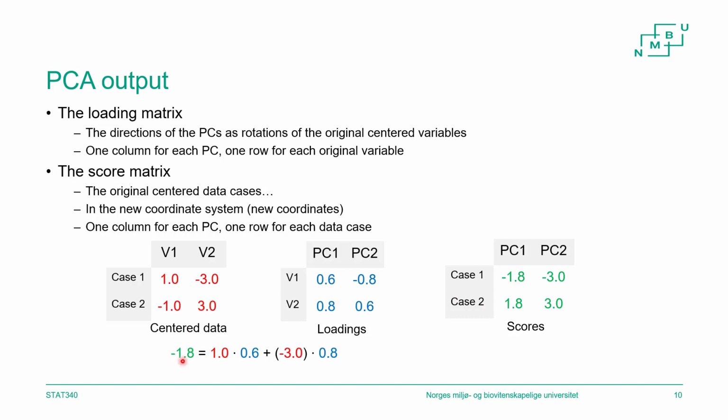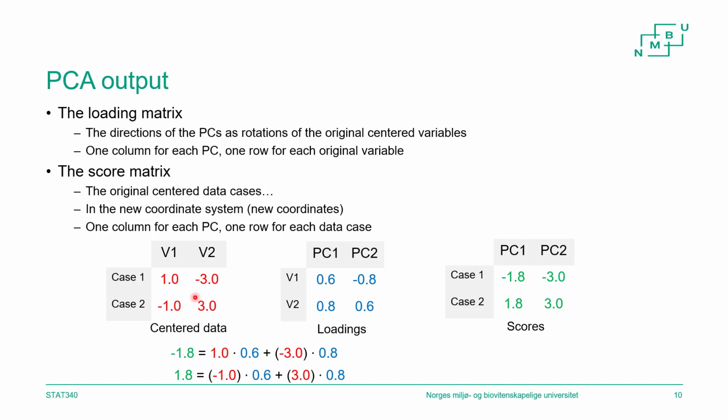Well, you can see here, this green minus 1.8 comes from the fact that we have these values in the first row multiplied with, or in the product with, the first column here. So you take 1.6 times 0. So you actually rotate this vector with this, and then you get this number here.